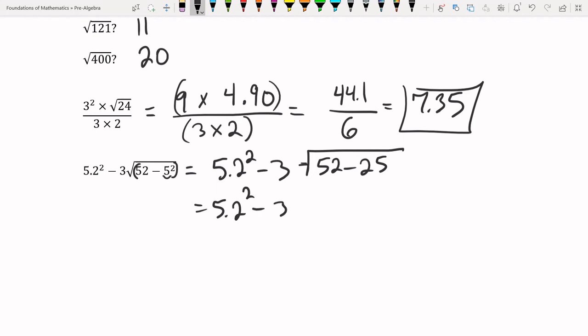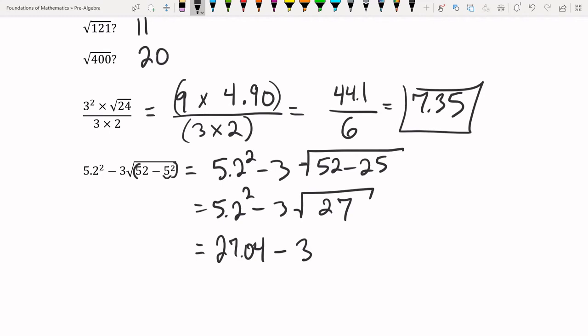That's going to end up being 27. And then we have 5.2 squared, and then the square root of 27. 5.2 squared is 27.04. And it's 3 times the square root of 27.